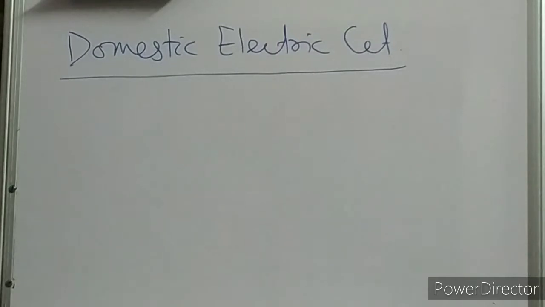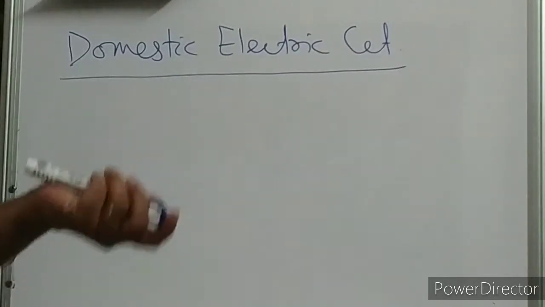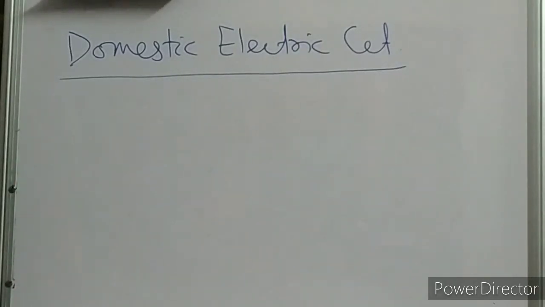We have already discussed how we use an AC generator to generate electricity, children. That means we are converting mechanical energy into electrical energy. This generation happens at the power station, or you can say power plant, anything you can take.